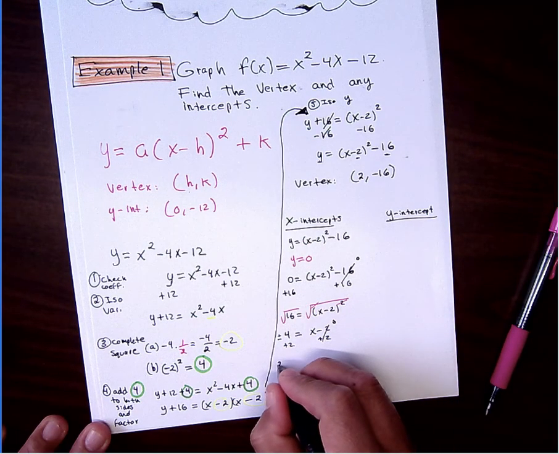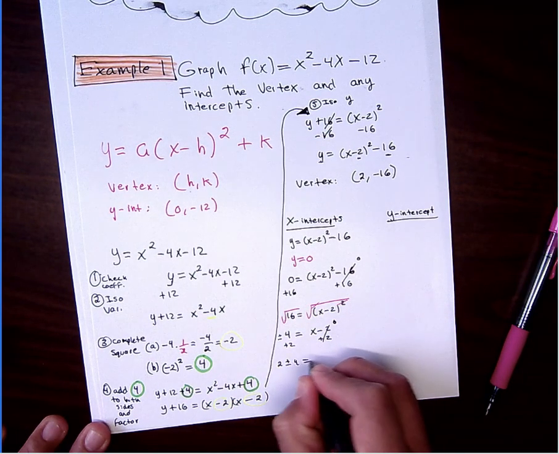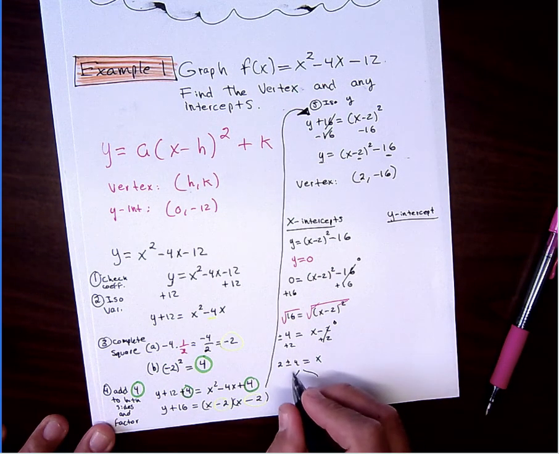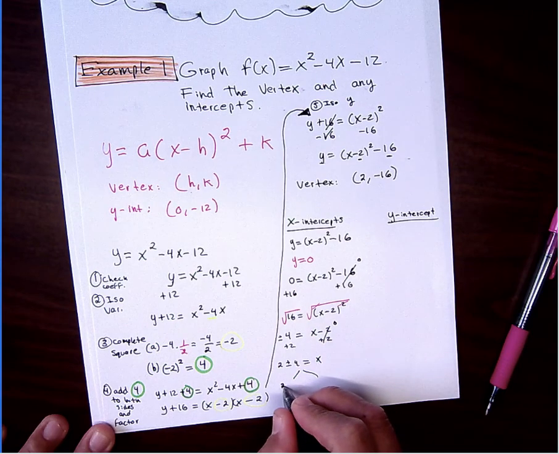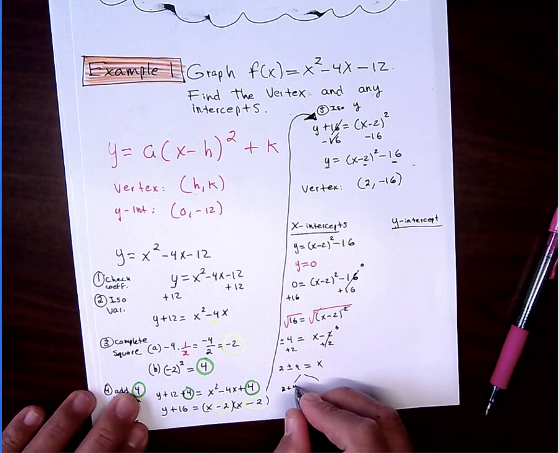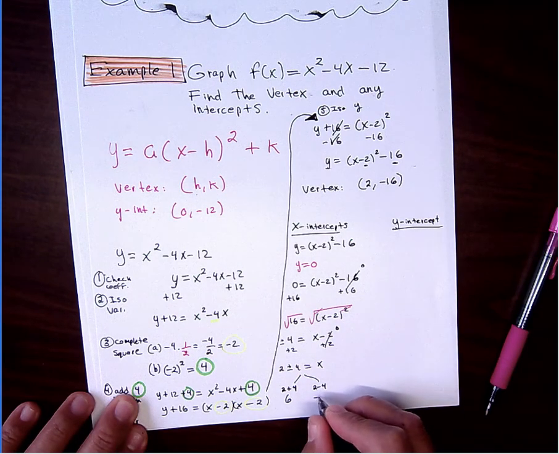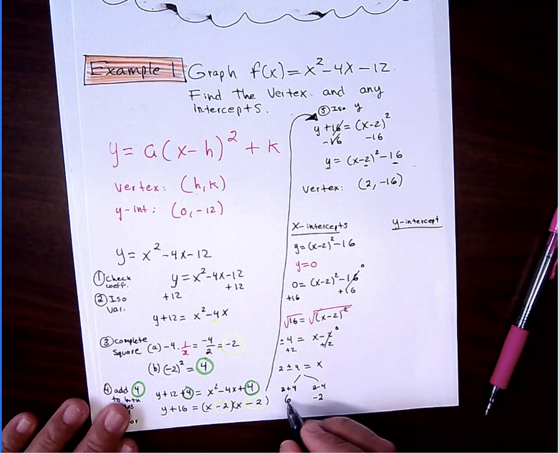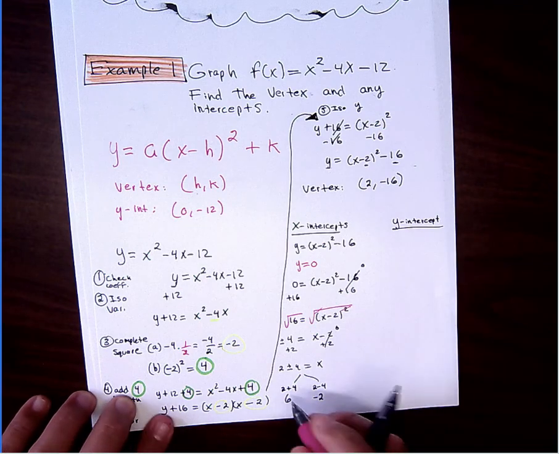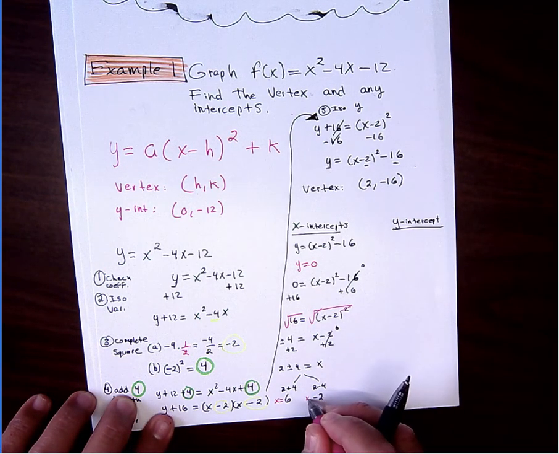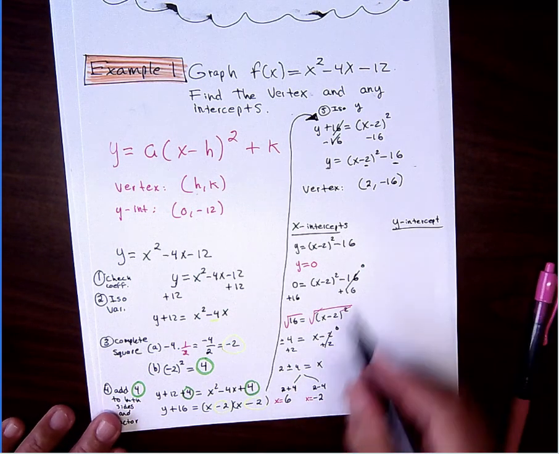So 2 plus or minus 4 is equal to x. So this has two answers. 2 plus 4 gives you 6, and 2 minus 4 gives you negative 2. These are the answers for the x's. So x is equal to that, and x is equal to that. These are the x-intercepts.